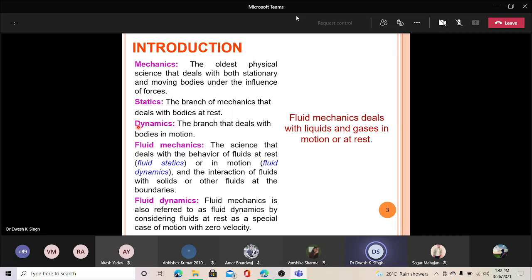But what are the parameters? What is the equation which will be applicable there? The main concern is this: what is the governing equation which can govern that condition of statics?